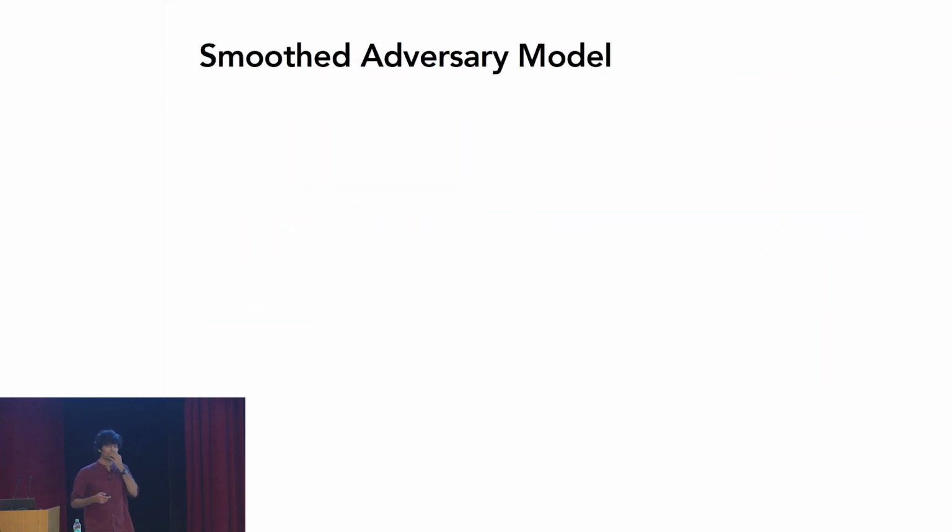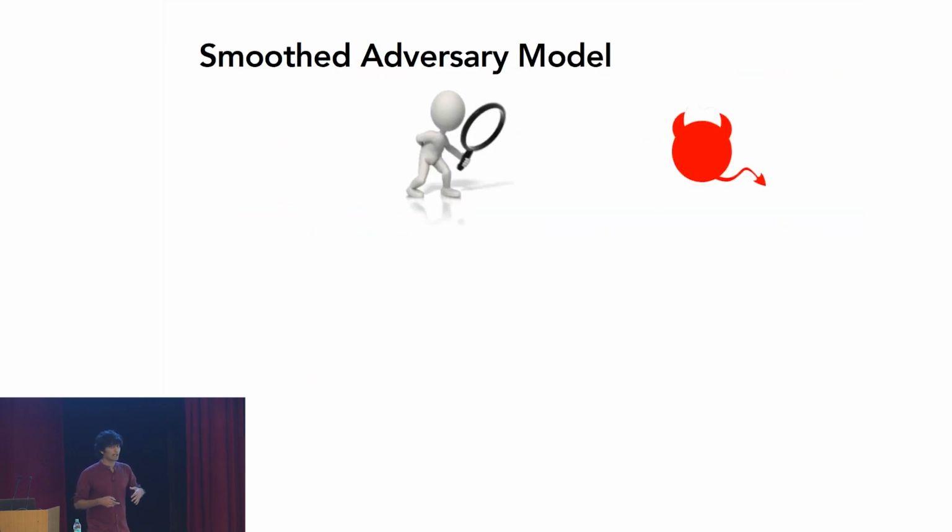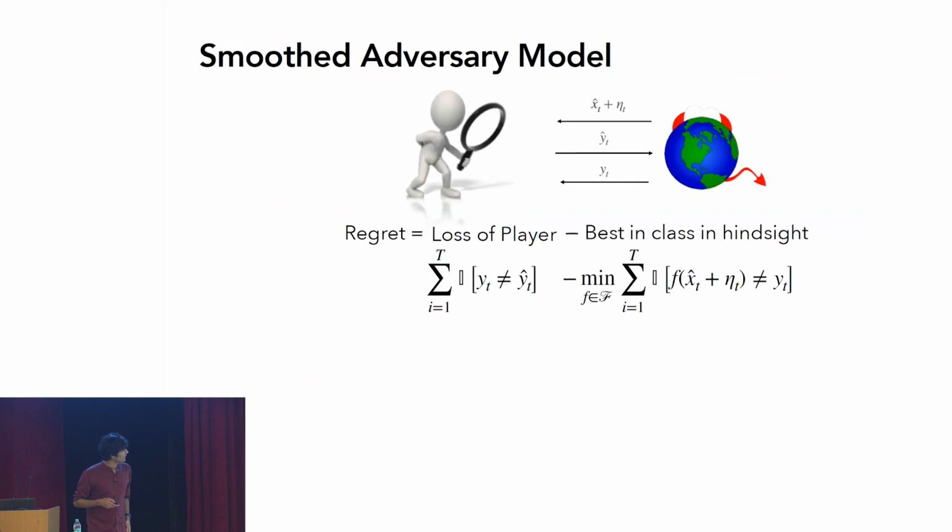And the model we'll look at is the smooth adversary model, where the setting is similar to before. There's a learner and there's an adversary. The adversary gives you a point x hat t, but we'll think of there being inherent noise from nature, and the instance xt gets perturbed by eta t, which is some small amount of noise. And as before, the learner makes a prediction y hat t and receives a true label yt. Again, the regret is defined as before.